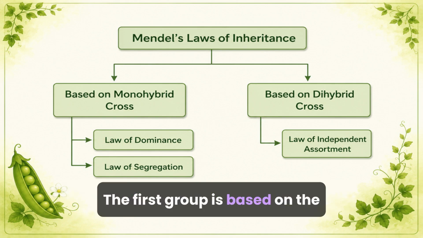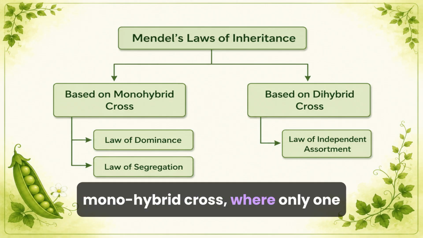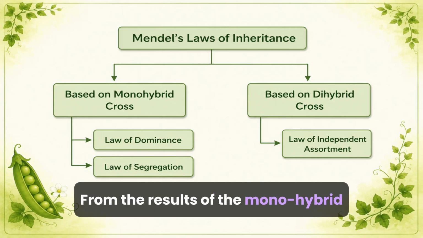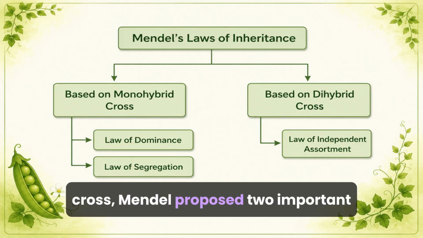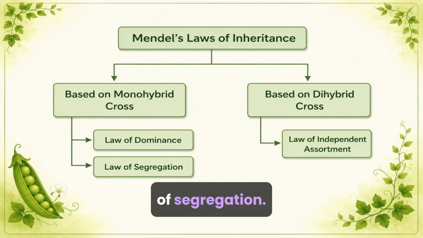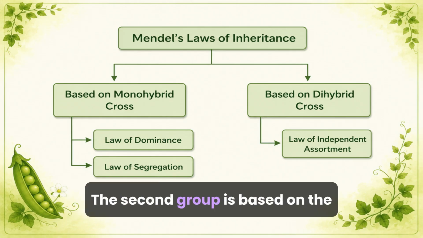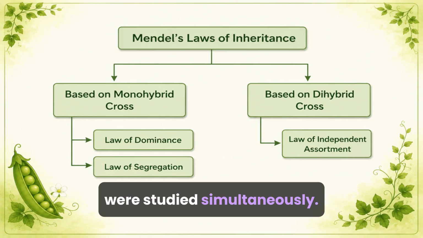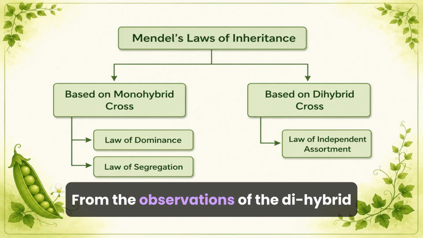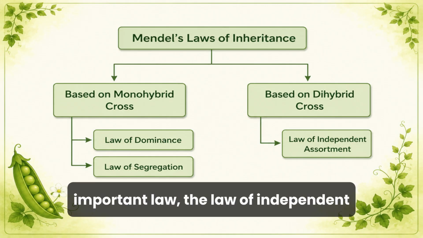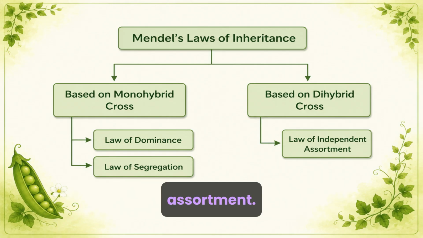The first group is based on the monohybrid cross, where only one character was studied at a time. From the results of the monohybrid cross, Mendel proposed two important laws, the law of dominance and the law of segregation. The second group is based on the dihybrid cross, where two characters were studied simultaneously. From the observations of the dihybrid cross, Mendel proposed another important law, the law of independent assortment.